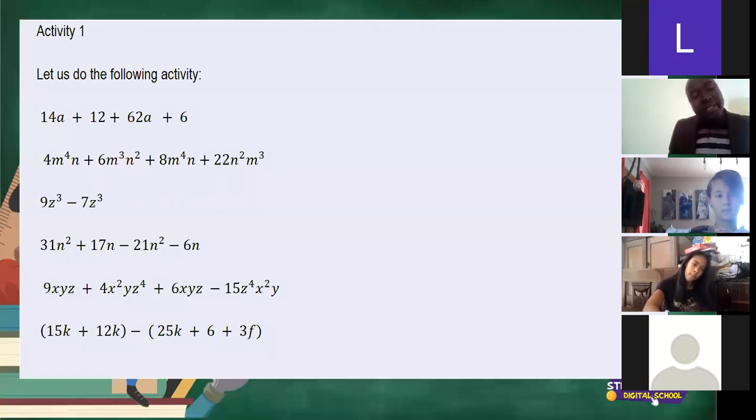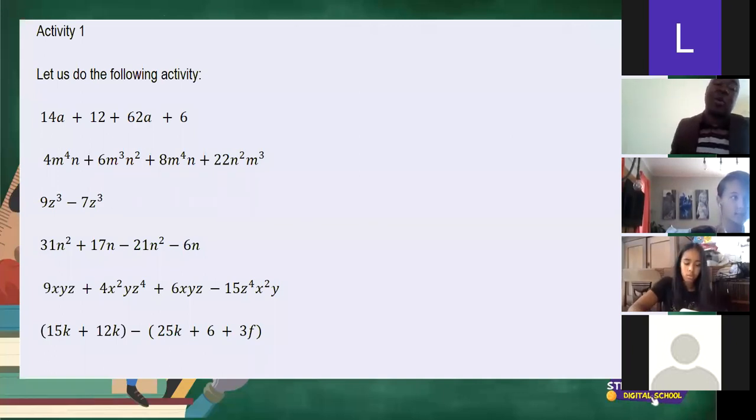We have, as I said, 31n squared plus 17n minus 21n squared minus 6n. Now, this means we can group our like terms together. In the first category, we start with 31n squared. If we check which other term looks exactly like 31n squared, that term will be negative 21n squared.